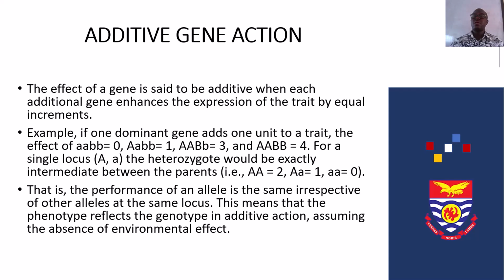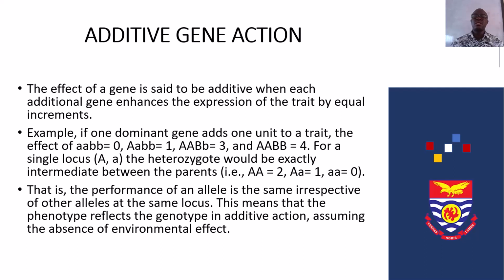The effect of a gene is said to be additive when each additional gene enhances the expression of the trait by equal increments. For example, if one dominant gene adds 1 unit to a trait, the effect of recessive AA, recessive BB equals 0. Dominant A, recessive BB equals 1. Dominant A, dominant B, recessive B equals 3.